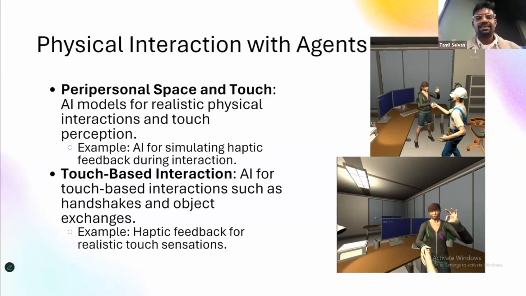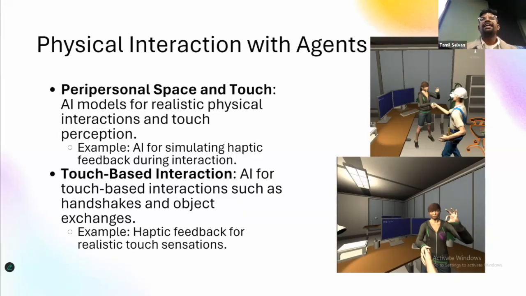The second part is physical interaction with agents. What is the accurate space that agents need to maintain in the VR world? In Horizon or any space where we are meeting, we try to mimic what is happening in the real world. We like to have some kind of personal space, and this mimics the AR or VR world as well.